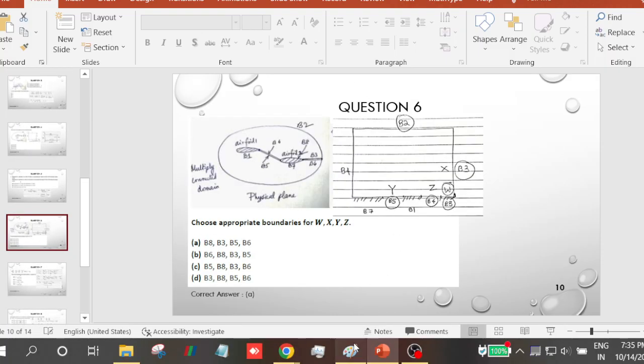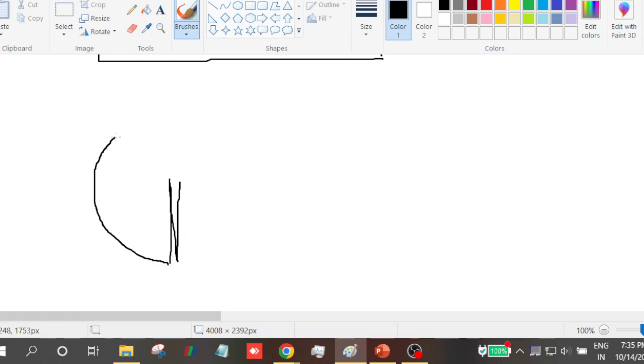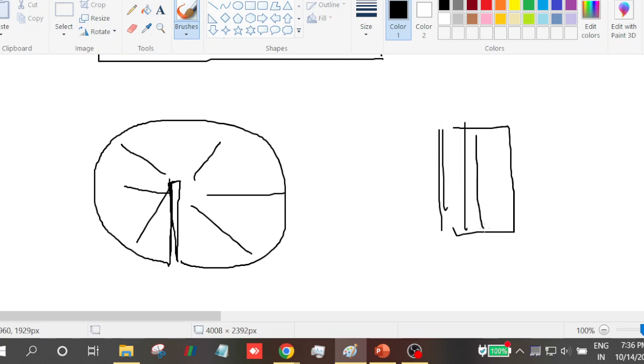I think this can be explained using a hand blown fan, which has this round shape. When you hold this fan, it will become small like this.